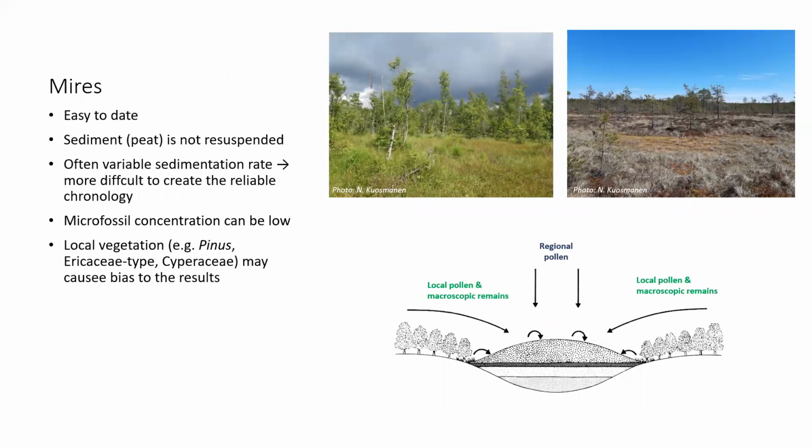Then mires, if we talk about large open mires, usually peat sediment is easy to date because there are a lot of macrofossils that can be dated for radiocarbon dating, and it's quite sure that peat is not resuspended or mixed. But there can often be a very variable sedimentation rate because the peat accumulation can change because of the climate.